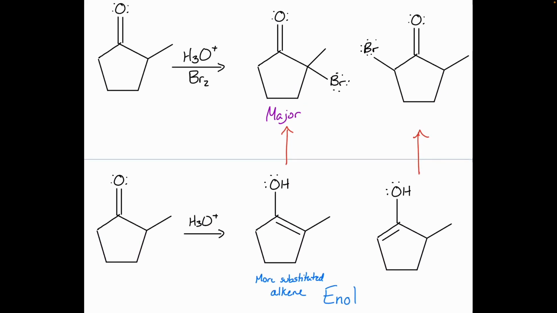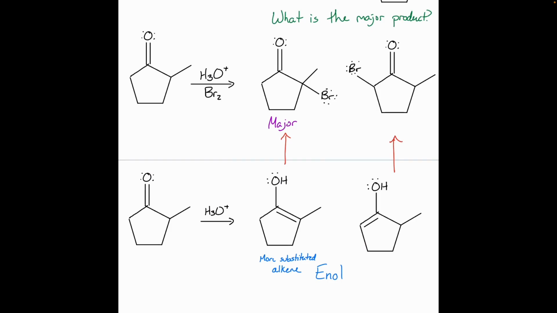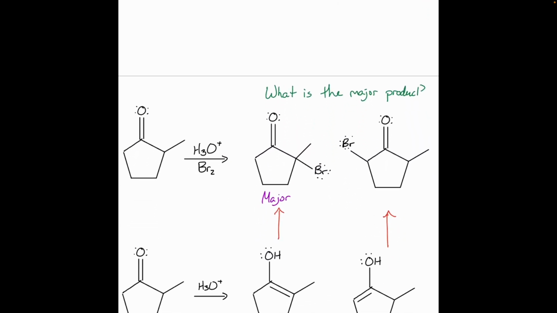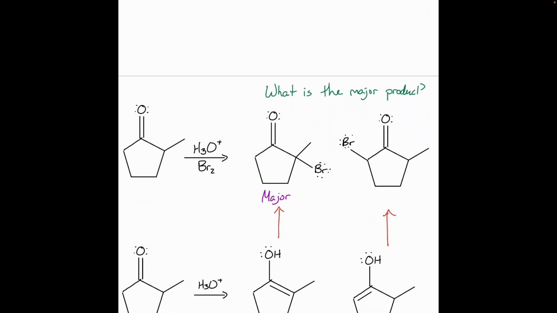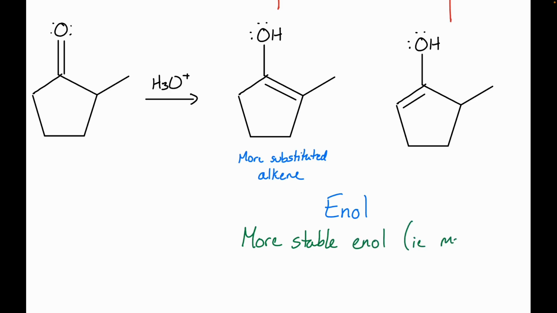Again, we have to think about that enol intermediate to understand these reactions. So we can just say the more stable enol, i.e. more substituted, gives the major product.